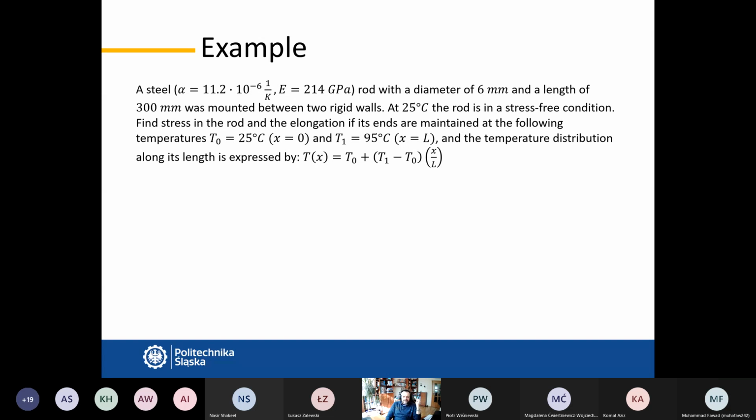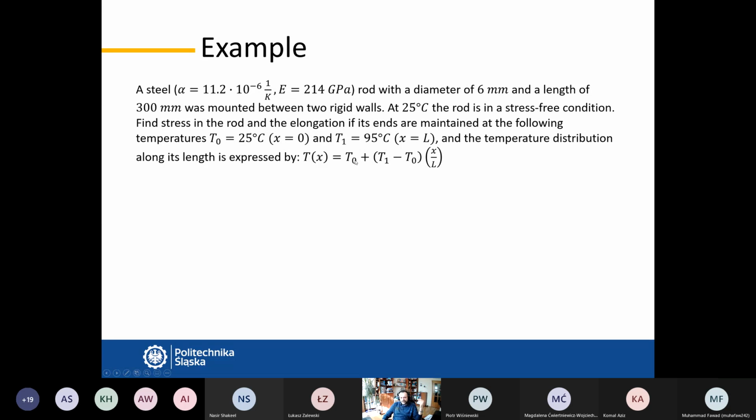We have to find stresses in the rod and the elongation if its ends are maintained at the following temperatures. The left-hand side end is 25 degrees Celsius, so for x equal to 0. The right-hand side end is 95 degrees Celsius, so for x equal L. You can calculate from here the temperature distribution along its length as a linear one.